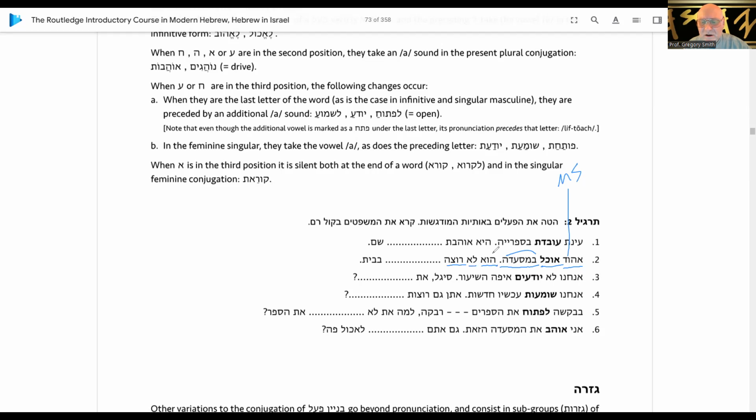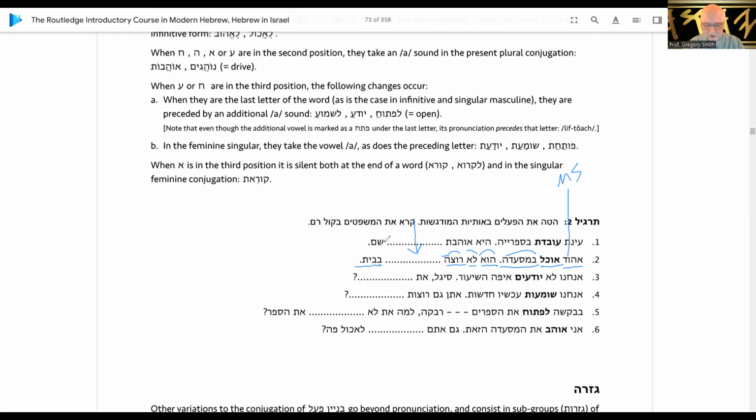"Lo rotze," he does not want. That's probably "rotze" because it's masculine. Blank, it's probably "to eat." I bet you it's to eat. "Babayit," in a house. He doesn't want to eat at home. Okay, so it's going to be "lechol," I bet you. Hu lo rotze lechol babayit.